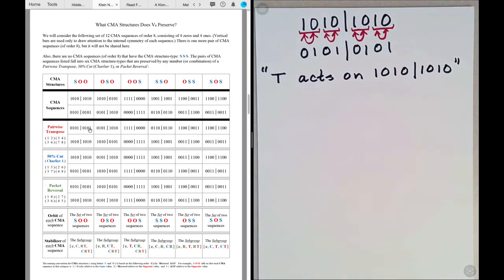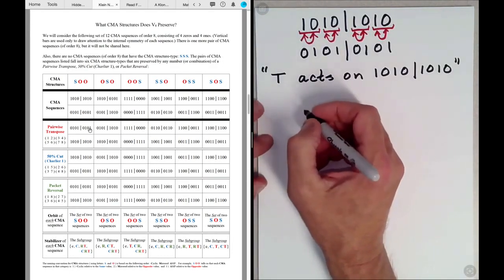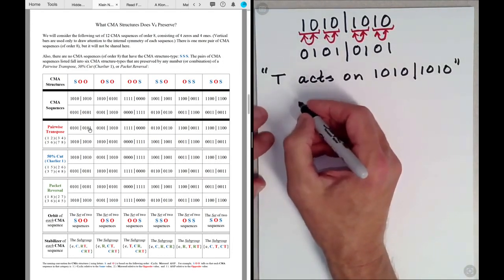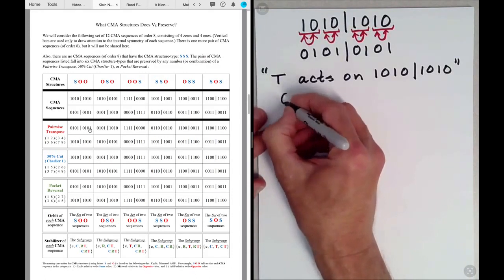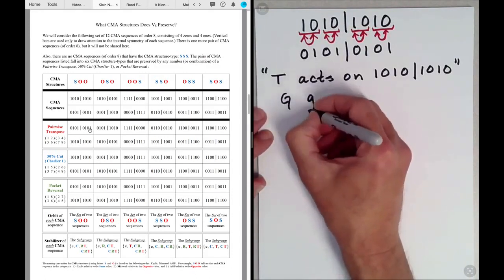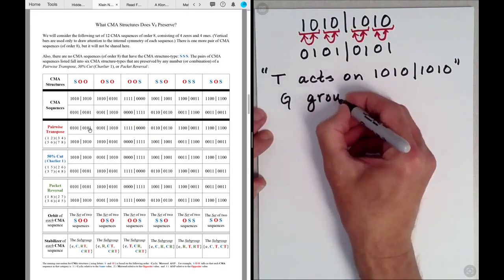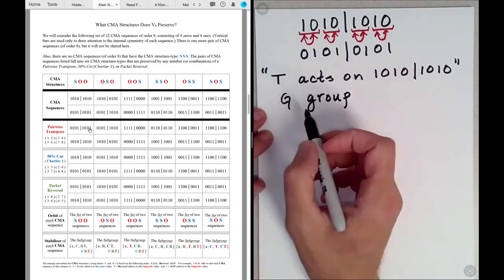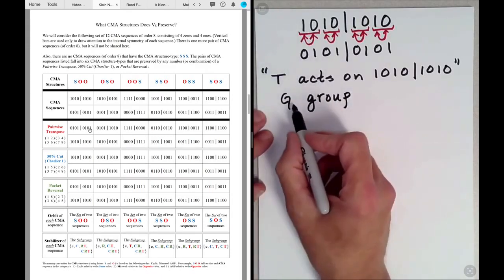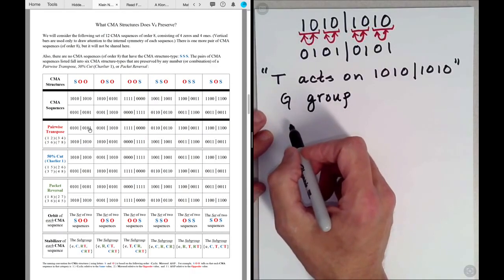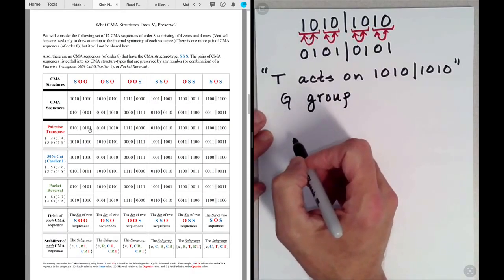We may not review everything that we've talked about earlier in the course, but what happens is you have to have some kind of group to begin with. Just to remind you, this will be a set with a binary operation on it. It has an identity element.